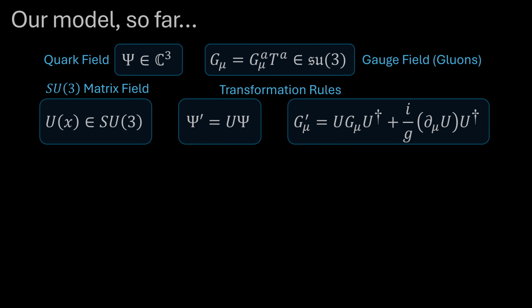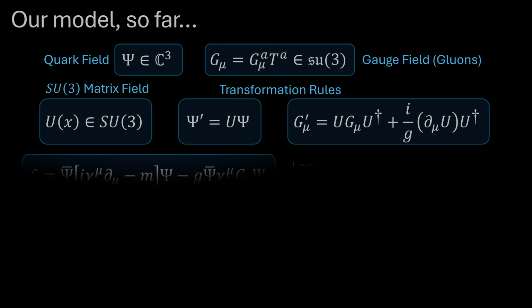The matter field psi is transformed into psi prime simply by left multiplying by our transformation matrix U. And in response to that, the gauge field G mu undergoes an adjoint transformation, that is the U dagger sandwich, and then also picks up a term pertaining to the derivatives of the transformation to clean up the scrunchiness and the floppiness of the mess that arises from the way the matrix field varies in space and time.